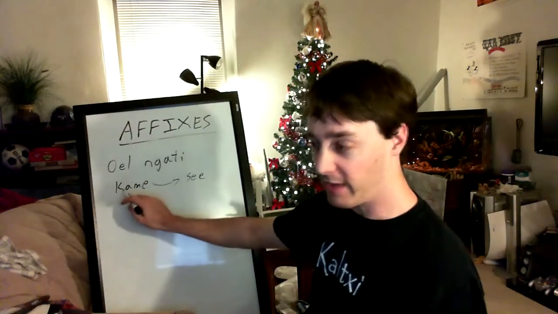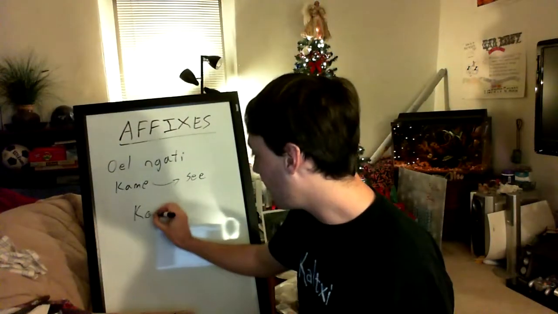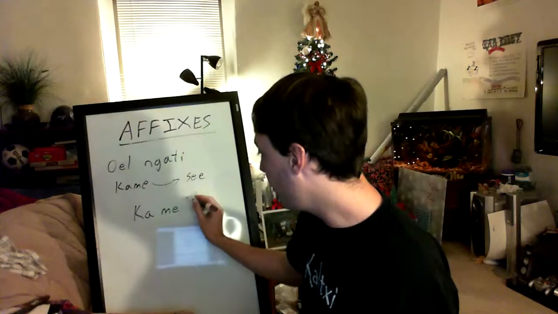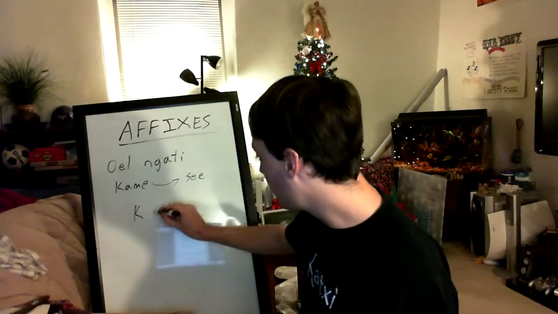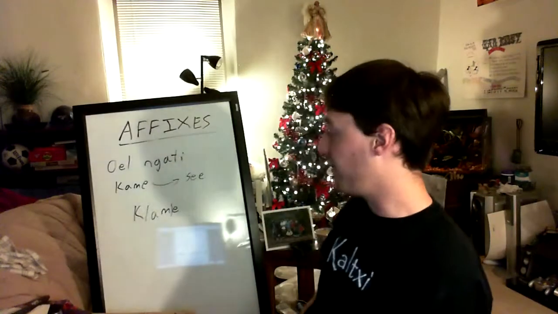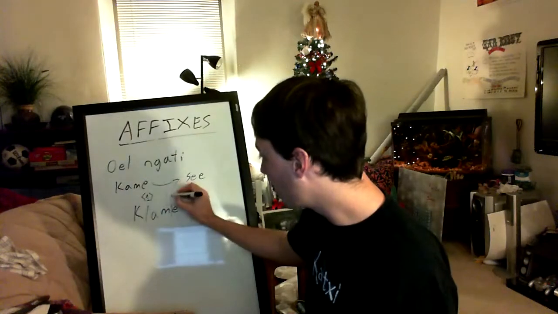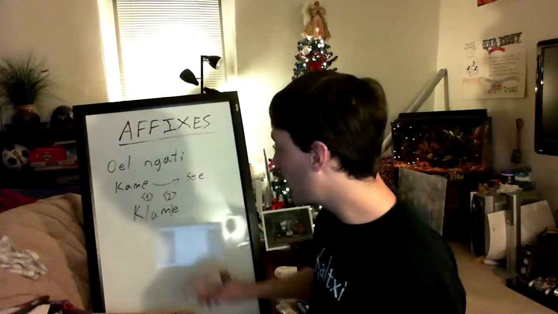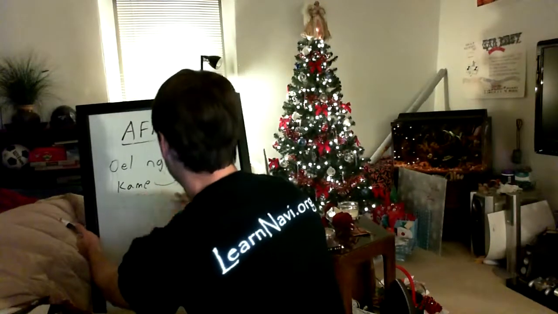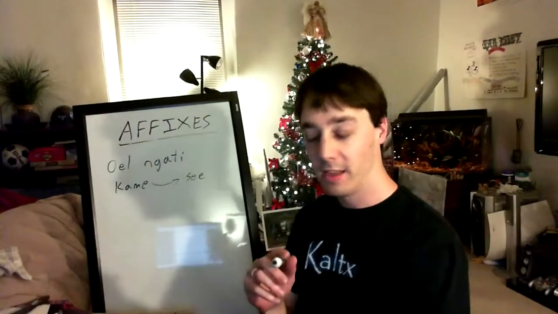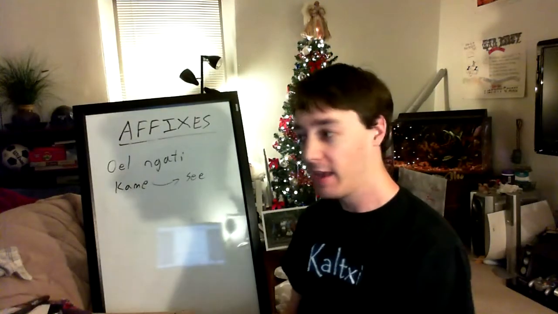Kame has two vowels, two syllables. So we'll break it down into that. Ka-me. And you see it's got one there and one there. So this is first and second. Now, we wanted to say that I saw you.